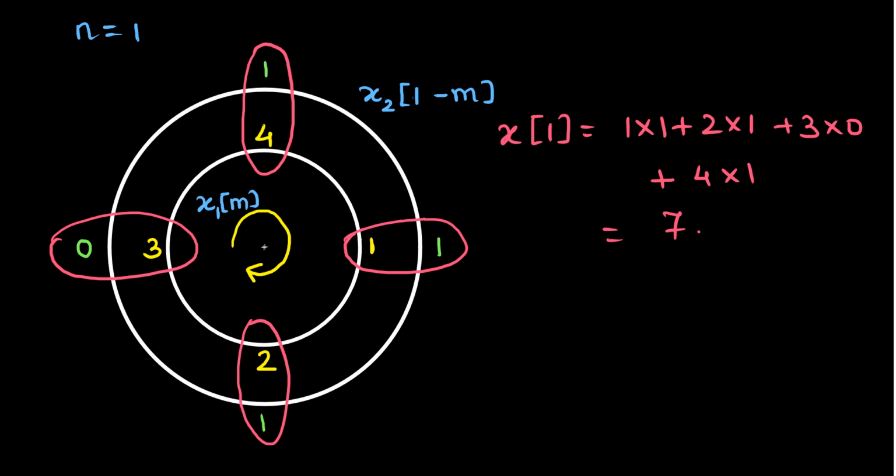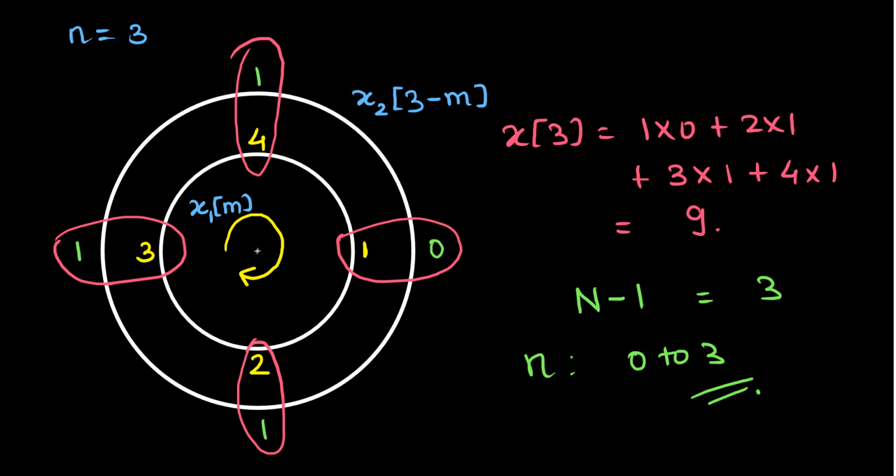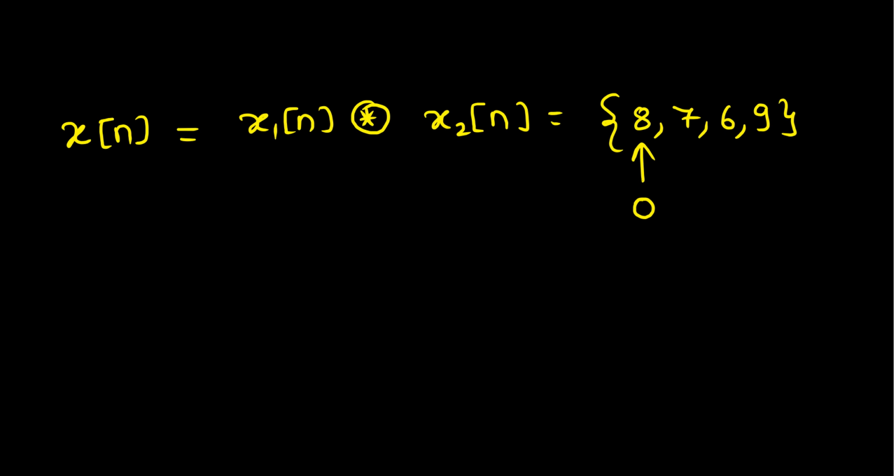So we get something like this, and again we repeat the multiplication and addition, for n equal to 0 to n minus 1, that is 0 to 3. Then what we are left with is the sequence x1 of n circularly convolved with x2 of n, which for our case comes out to be 8, 7, 6, 9, where this 8 is located at n equal to 0. So let's stop here.